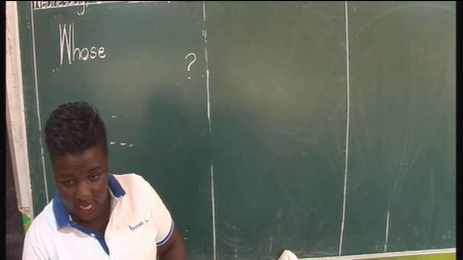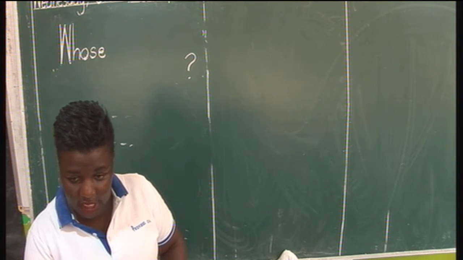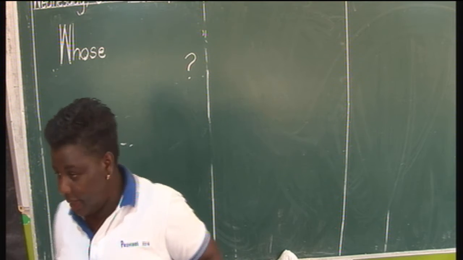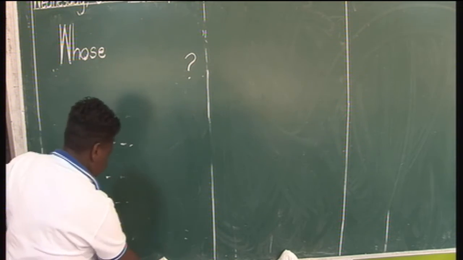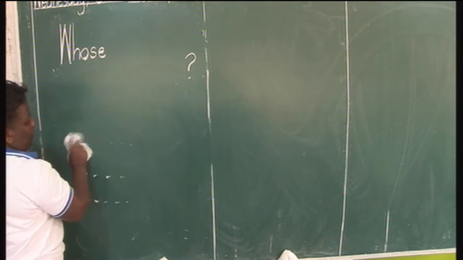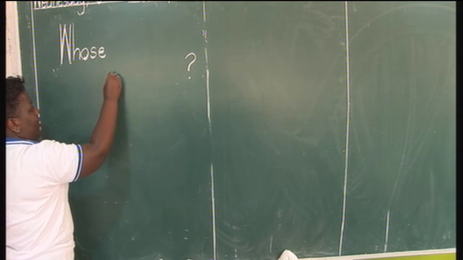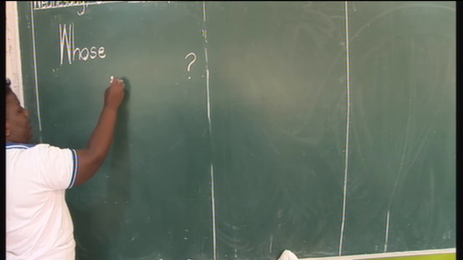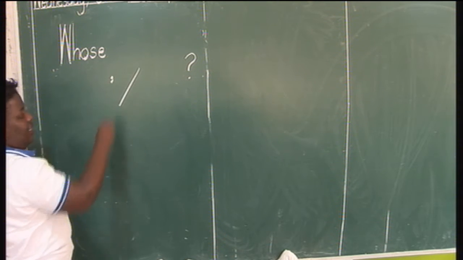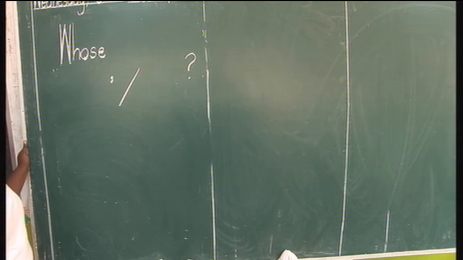So now children, allow me to talk about a comma. A comma looks like this. Some of you write it like a stick, like this. That is too big. It is somehow curved.